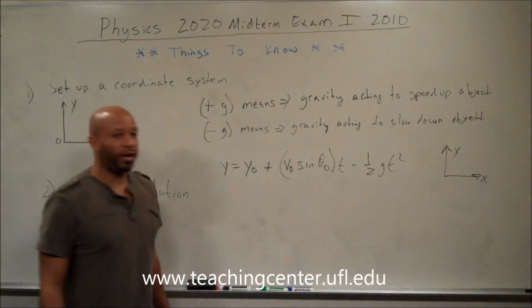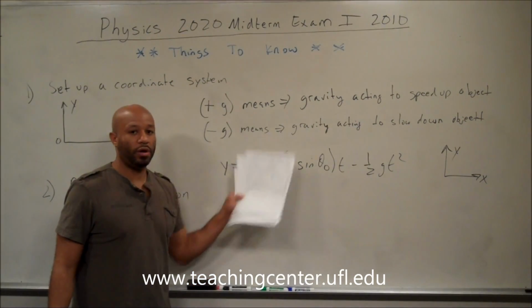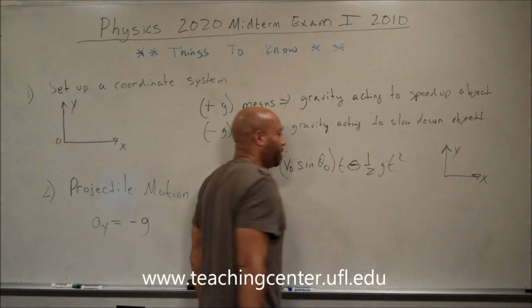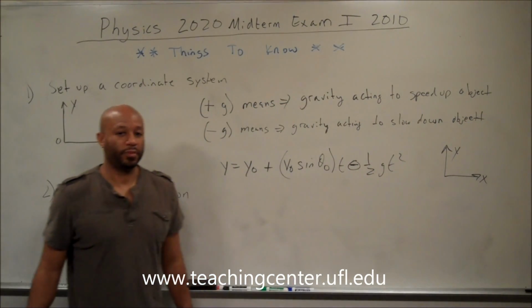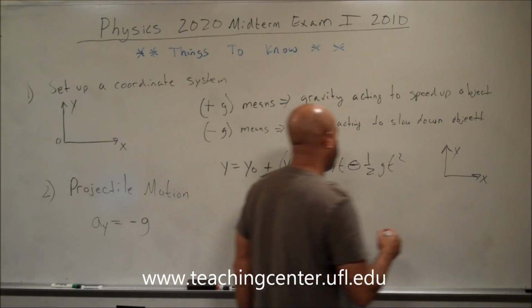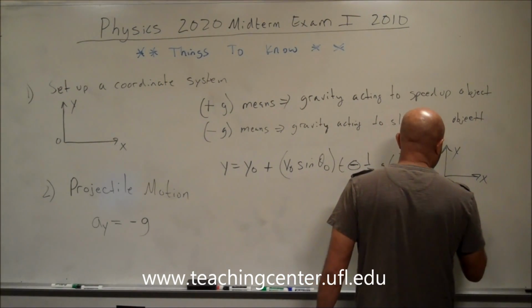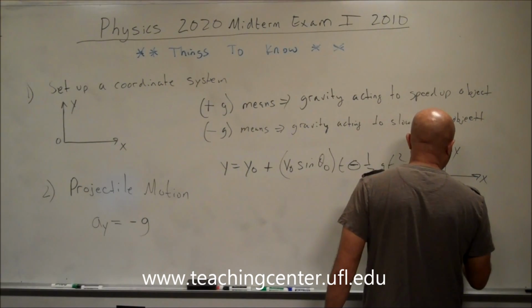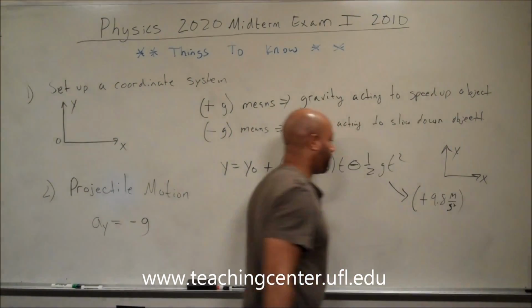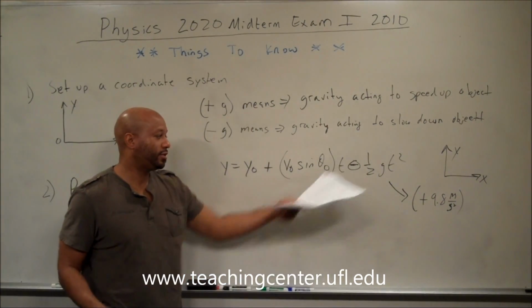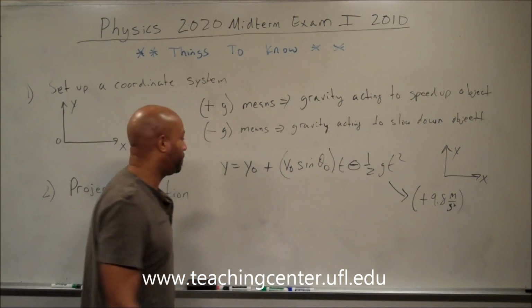This equation is also on the formula sheet, and it also takes into account negative gravity, so again substitute in positive 9.8 meters per second squared. You don't want to substitute in negative because you're already taking that into consideration in the equation itself.